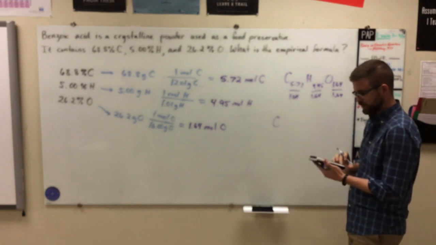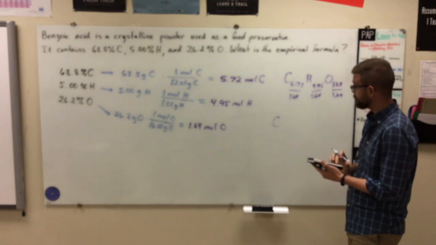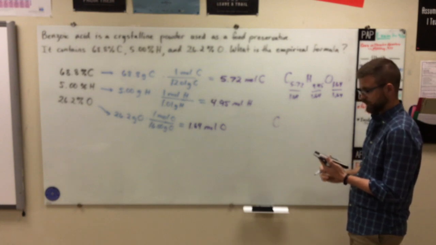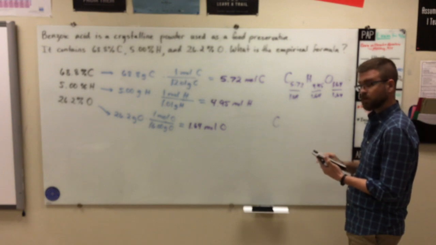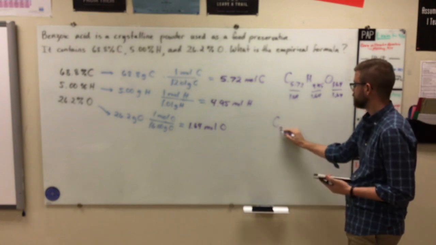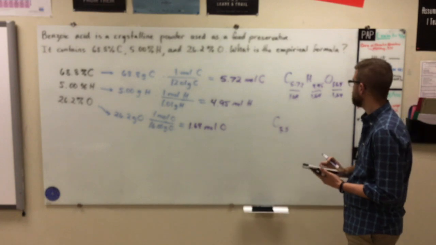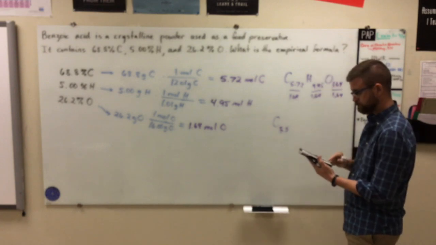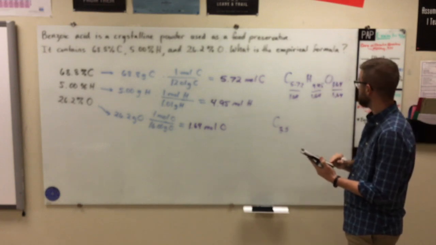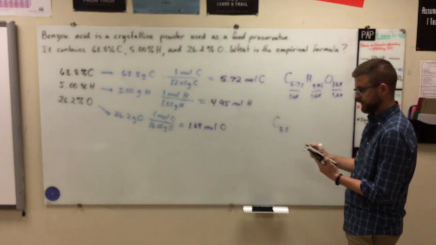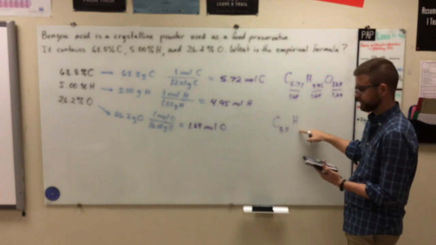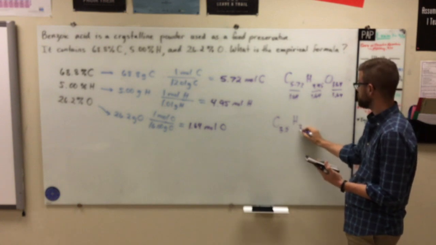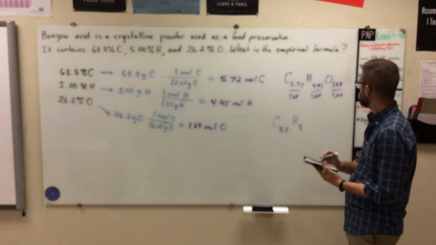If I take 5.72 and divide that by 1.64, I'm getting a number awfully close to about 3.5. For hydrogen, 4.95 divided by 1.64 is awfully close to 3. You'll notice that I've rounded here. And then oxygen, of course, should be a perfect 1.